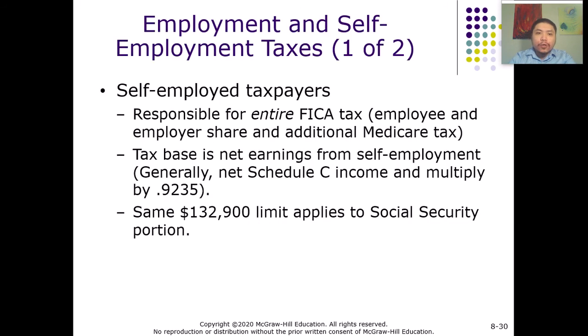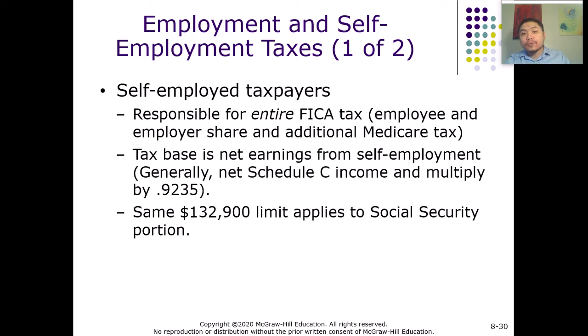What we're talking about here is the case where the taxpayer is self-employed. When a taxpayer is self-employed, let's say she is her own employer, and she's also an employee in some cases. So self-employed taxpayers have to pay both the employer share and the employee share.